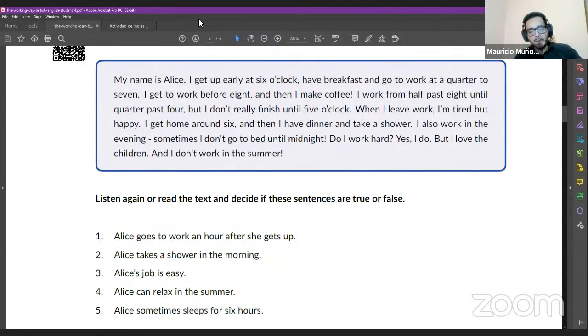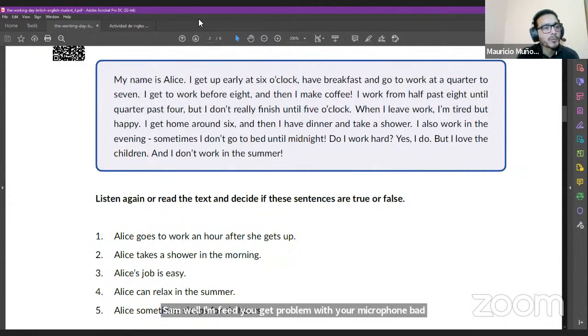Samuel, I think you have a problem with your microphone, but that's correct. Somebody says false. That's false. There's no information about the number 2, so statement number 2 is false. Okay, that's perfect.